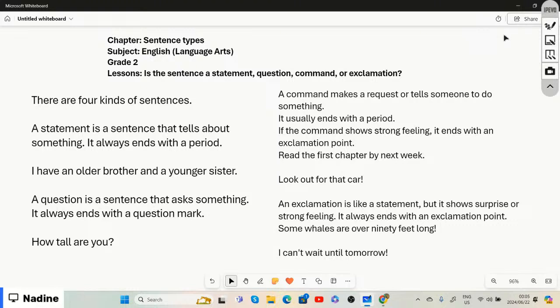All right, so when it comes to sentence types, we have four kinds of sentences: a statement, a question, a command, and an exclamation.